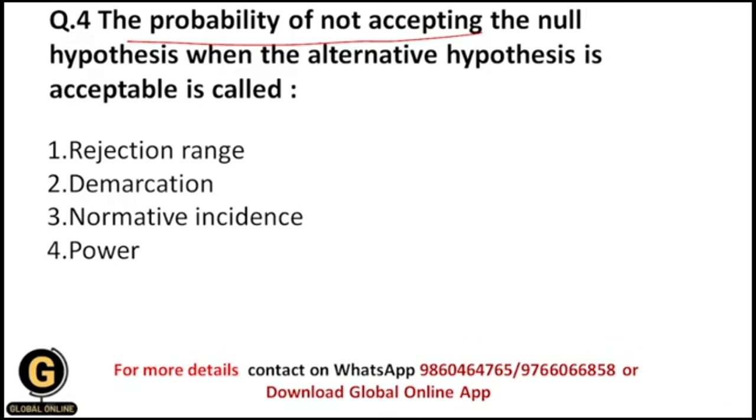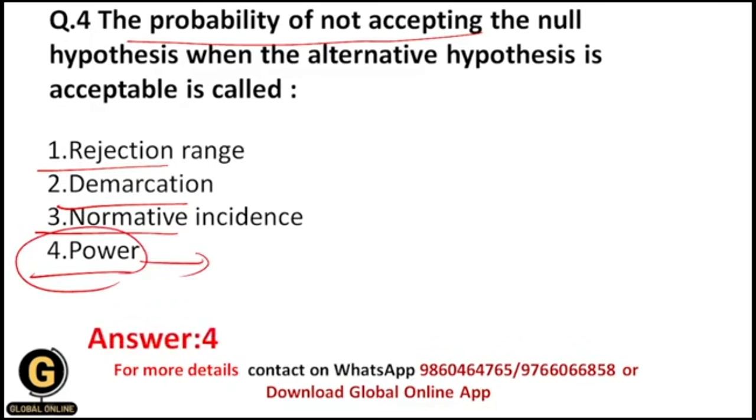So what is the probability of this kind of situation? Whether it is a rejection range, demarcation, normative incidence, or power. So students, your correct answer should be power, because power is the probability of rejecting null hypothesis when in fact it is false.